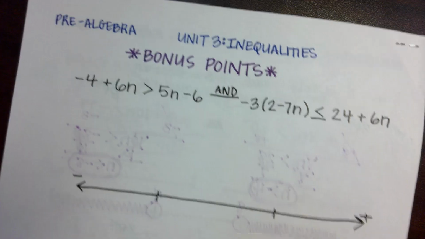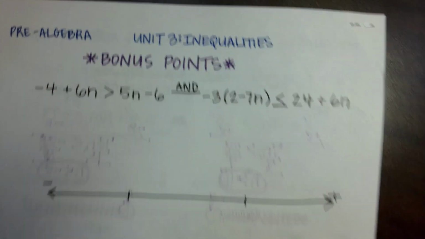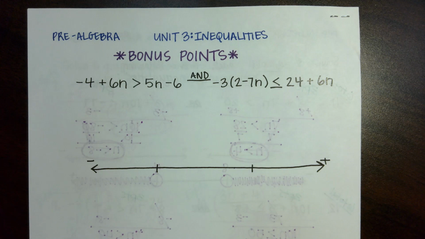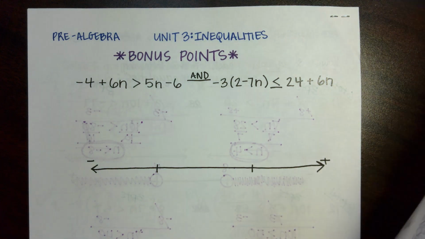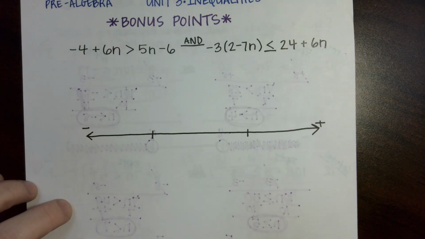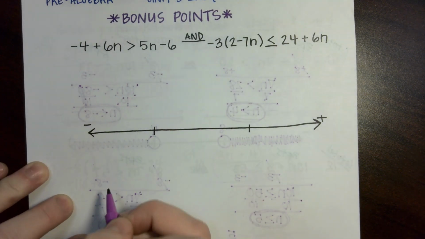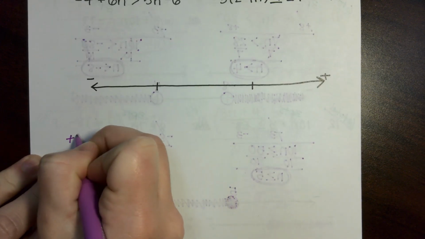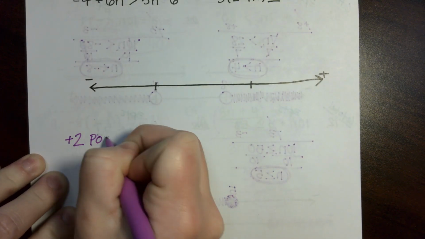All right, here's your bonus question. It's only one question, but it's worth up to 5 bonus points. So before we do it, let me give you a little bit of a key for what I'm going to look for to get those points. So first of all, you have plus 2 possible points.